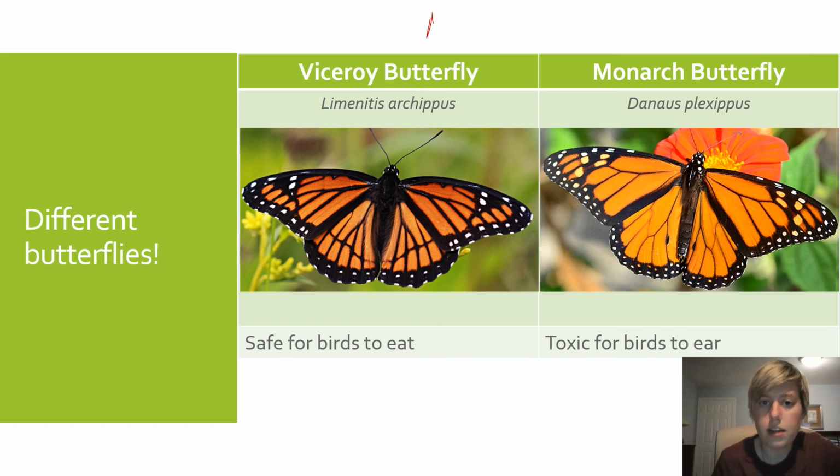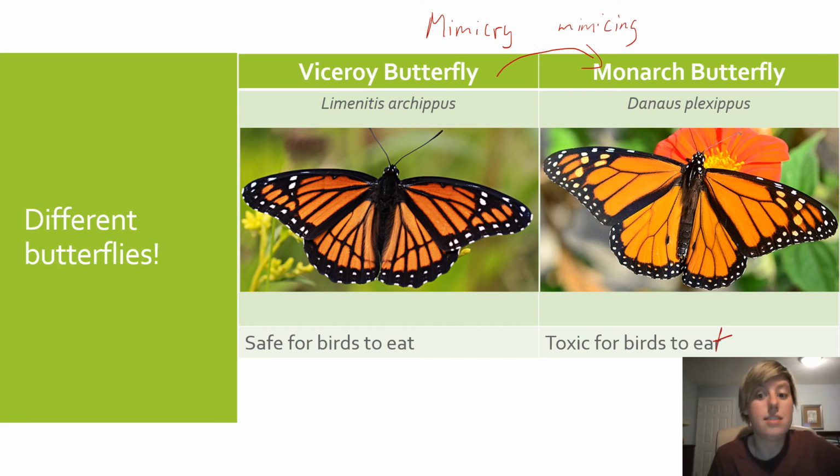So these are actually two different butterflies. We have the viceroy butterfly and the monarch butterfly. And the viceroy butterfly is actually mimicking the monarch butterfly. The reason why? The monarch butterfly is actually very toxic for different birds to eat, whereas the viceroy butterfly is safe.